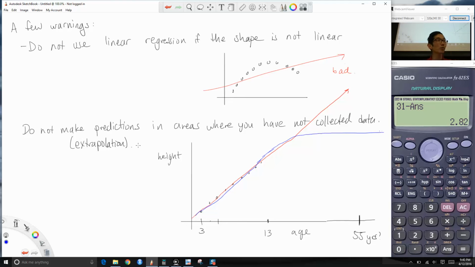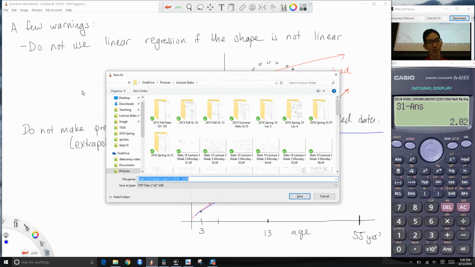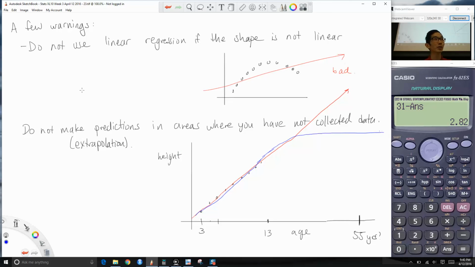I think that's a reasonable question to ask, and maybe you have other specimens that are already 25 centimeters long, but I think the regression equation will give you a better idea of what the prediction should be, okay? So we don't do regression just to make predictions where we have no idea what's going to happen, okay? You have to have some sort of idea. You need to have some data collected in that general vicinity to get an idea.